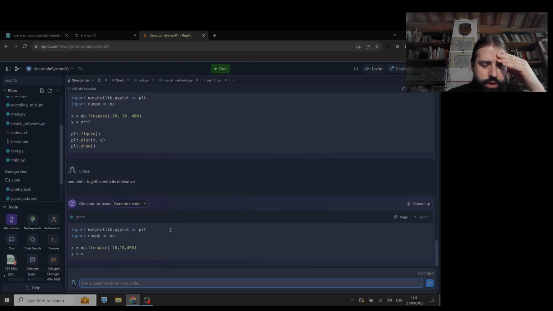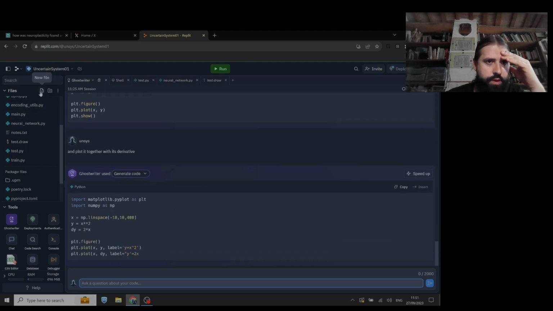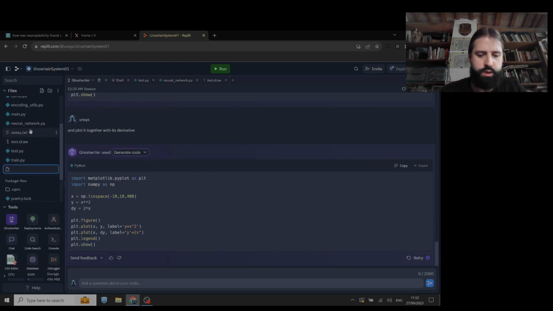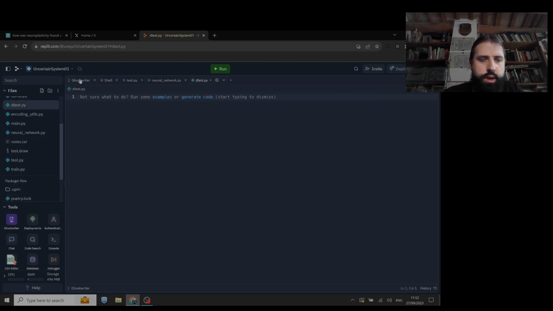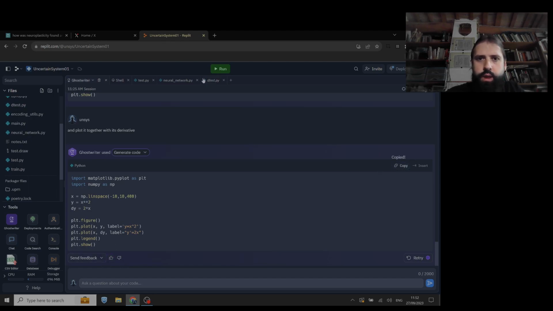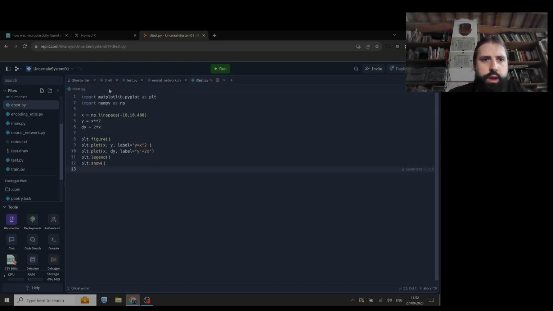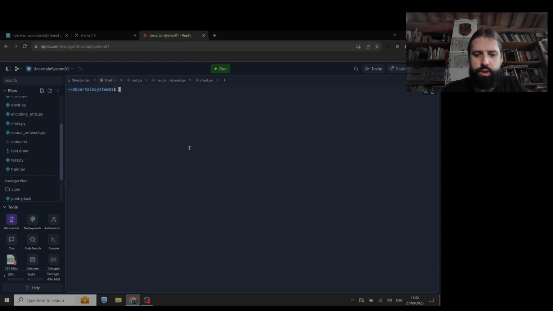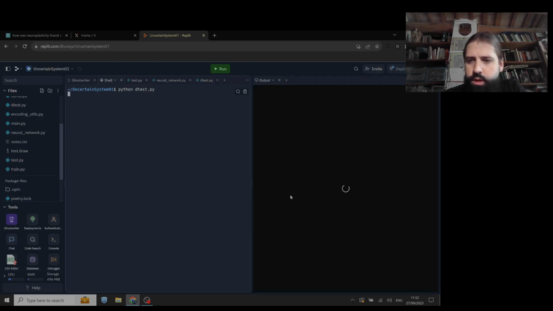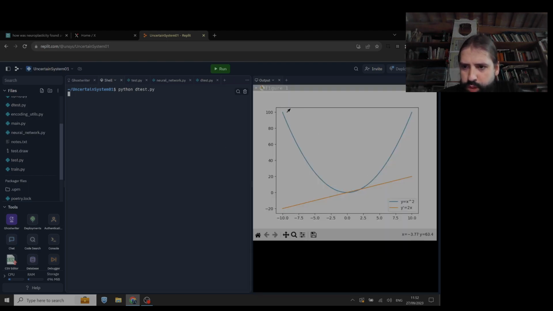Okay, so let's see. Just make a file, s.python, and we take that and copy it here, then go to the shell and run python p.34. So okay, this plots x squared and then its derivative, right?